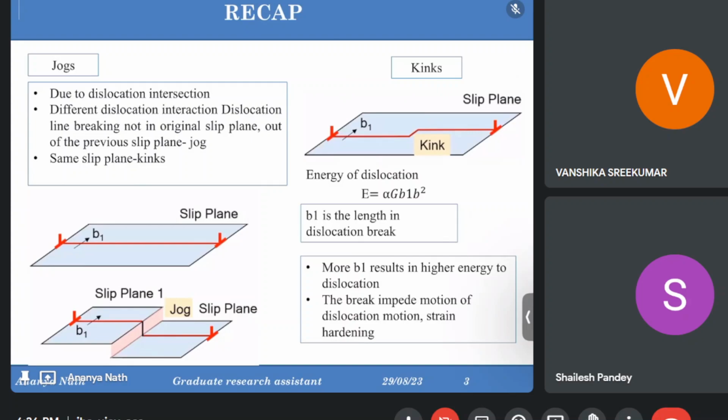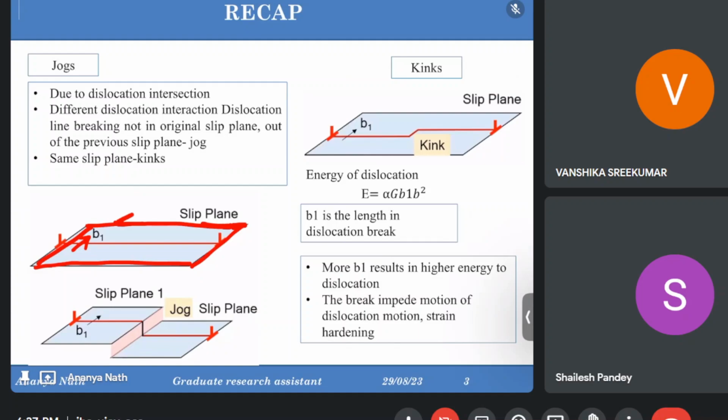If this is an edge dislocation, and it is moving through this slip plane in this direction, the dislocation will not change the slip plane unless some external force is applied to it, because to change the slip plane it needs an externally applied load. Otherwise it will move forward but always on the same slip plane, in the same slip system, meaning the same slip plane and the same slip direction.